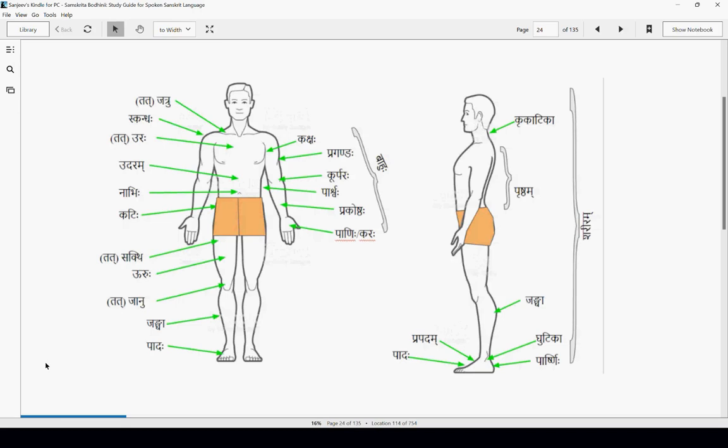And Ghutika. Ghutika is ankle. Is it ankle? I don't know. Yeah. Parshni is the back part, the back side of the foot. Okay. Thank you.